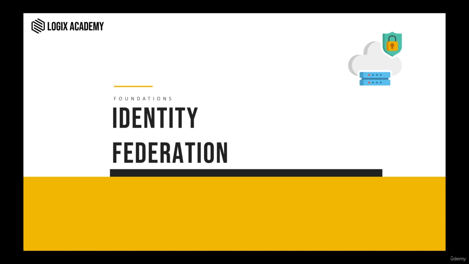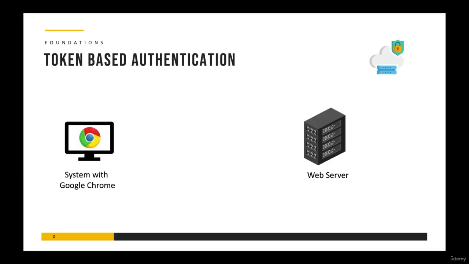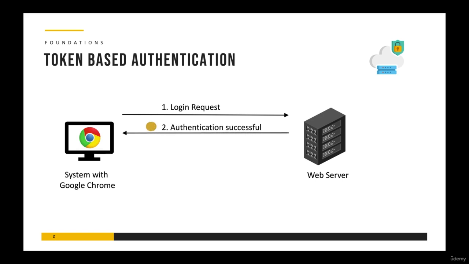Identity federation provides the framework under which two different entities can establish trust relationships so that you don't have to create multiple redundant accounts. Before we delve into details of how identity federation works, let's first see how traditional token-based authentication works. Let's say you are a user, you want to log into a server, so you send your credentials, and if your login credentials are approved, the server creates an authentication success reply message and includes a token along with that message.